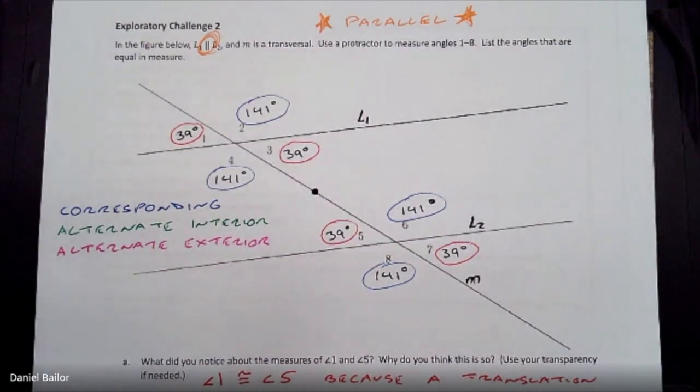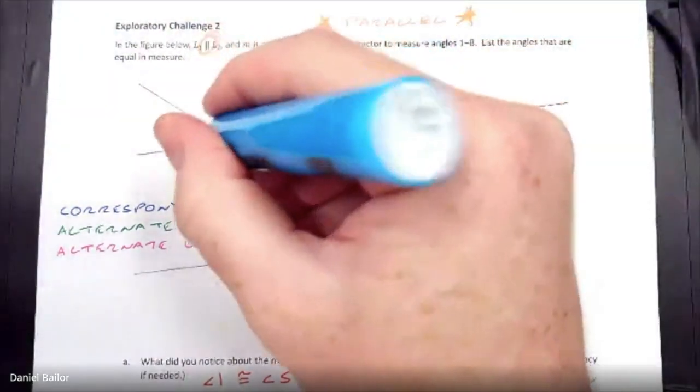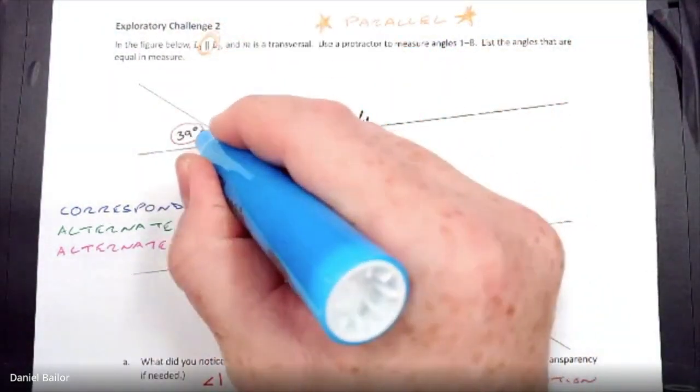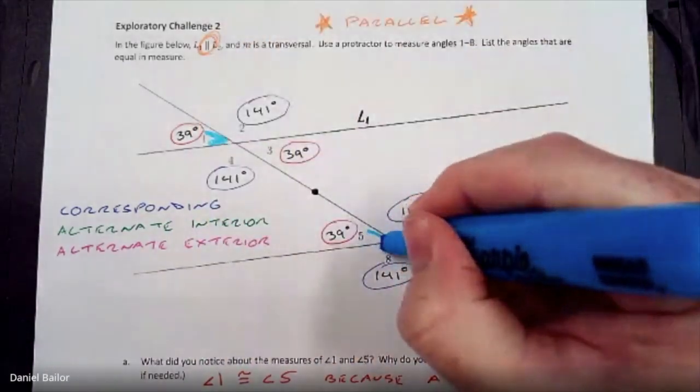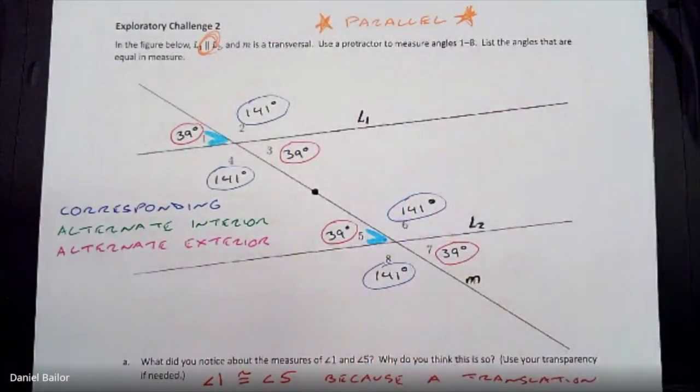Corresponding angles are made by translations. So corresponding angles, because corresponding's in blue, this is a corresponding angle with 5. Remember in part A, we made 1 and 5 match with a translation, so that's a corresponding angle.